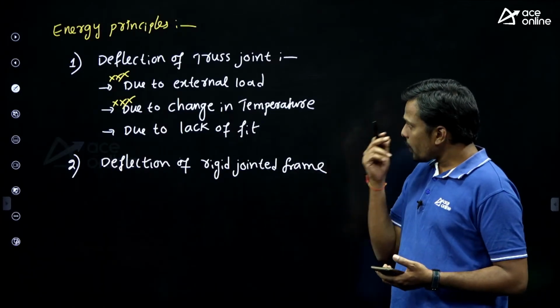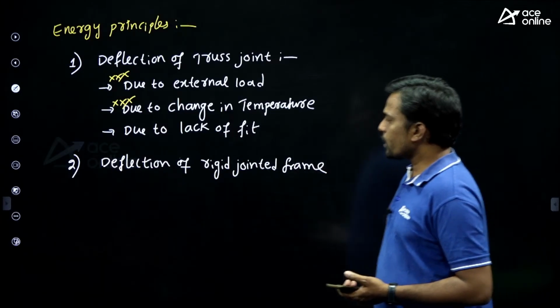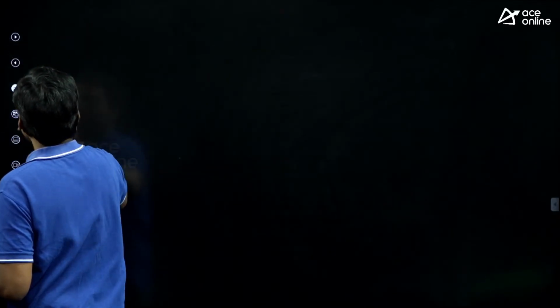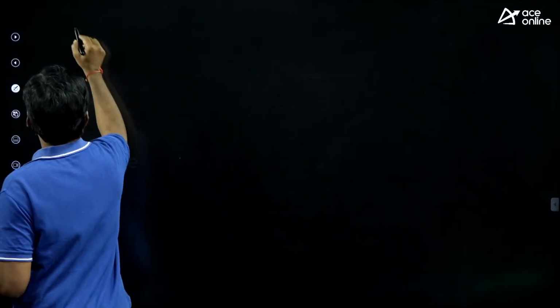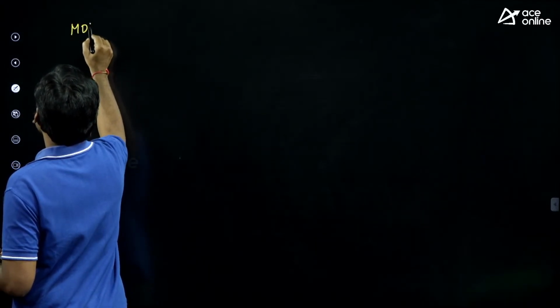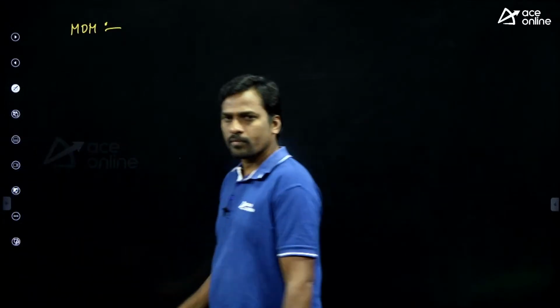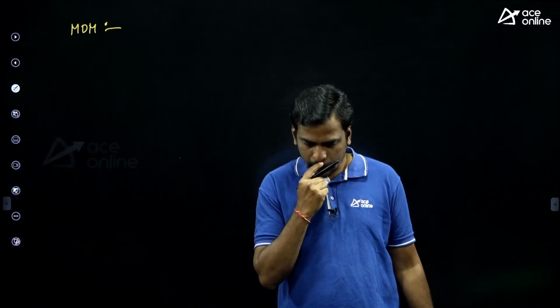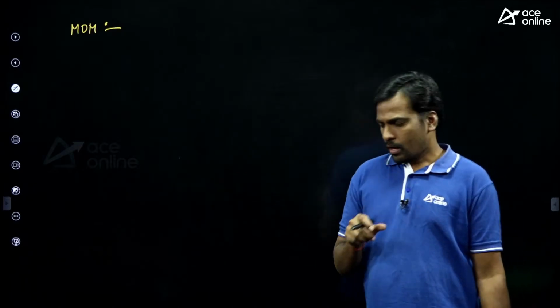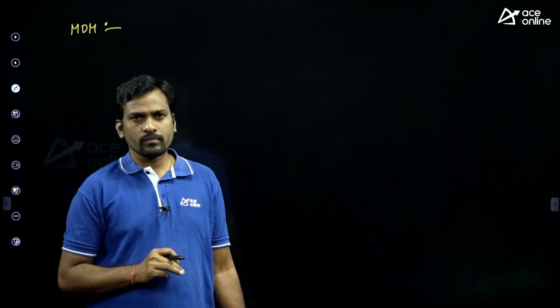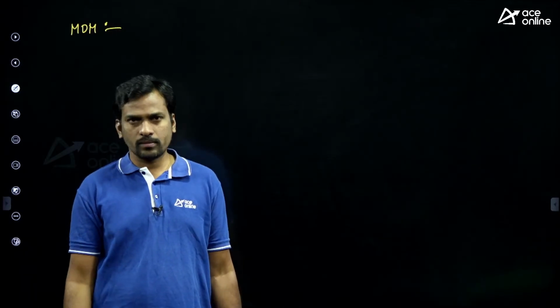Okay, then after this, what is the next important chapter? MDM. So what is MDM? Moment distribution method. So in moment distribution method, analysis of continuous beams or rigid jointed frames.